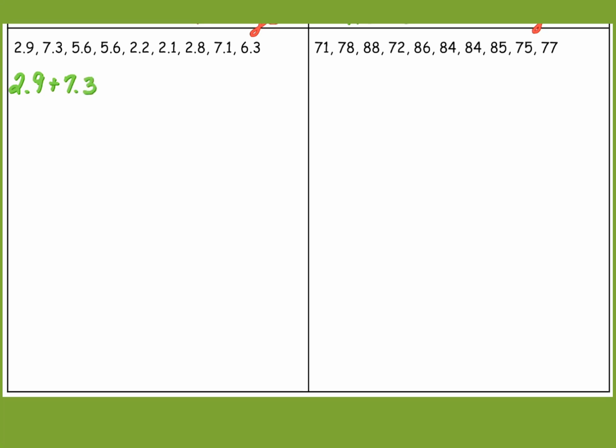For this next data set, let's find the mean, median, mode, and range again. Now remember, for the mean, the first thing that we want to do is to add up all of the numbers. So it does not matter if they're decimals, we're just going to line them up the way that we know how to make sure that we get the correct answer.